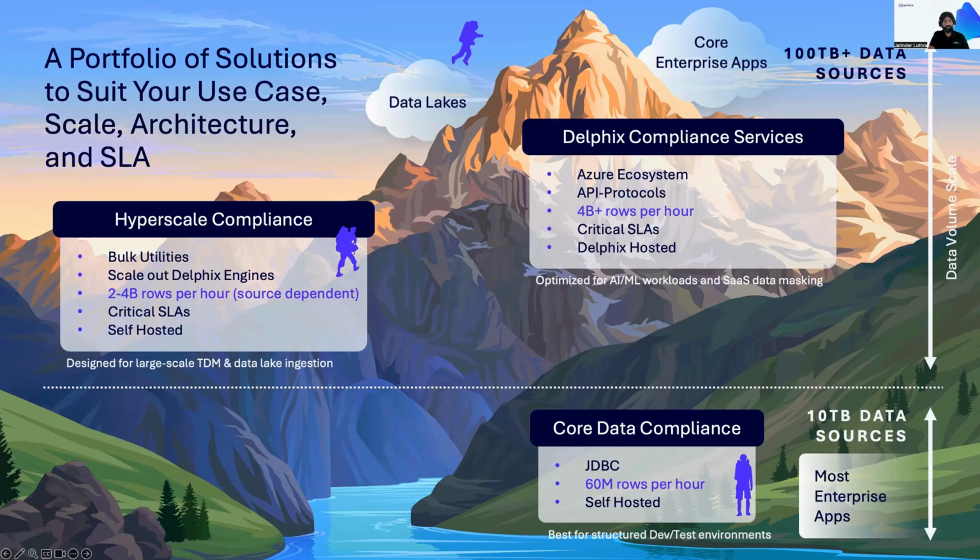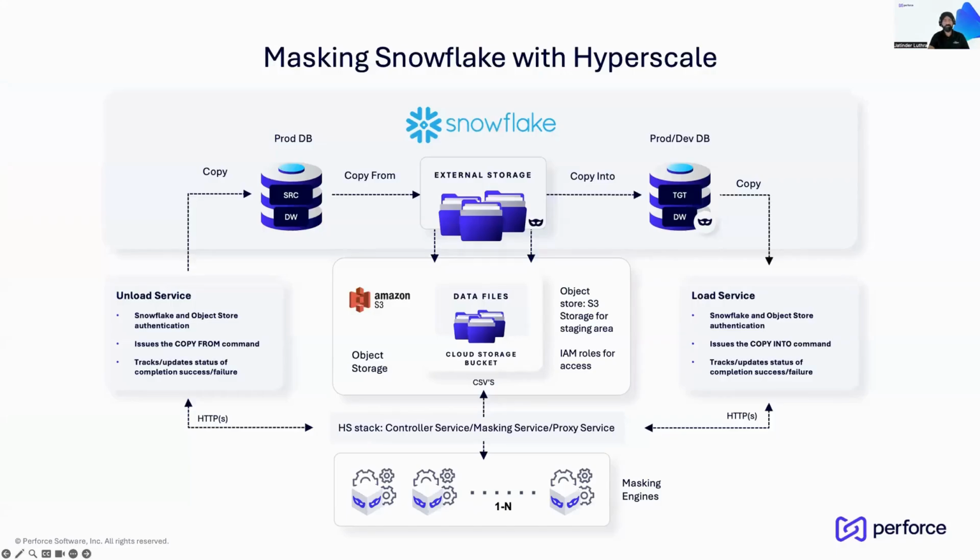Let's take a closer look at Hyperscale and Delphix Compliance Service and what makes them such powerful engines for compliance at altitude. So what we see here is an architecture for Hyperscale masking. With Hyperscale, the key benefit is you get multiple compliance engines, which distribute the workloads.